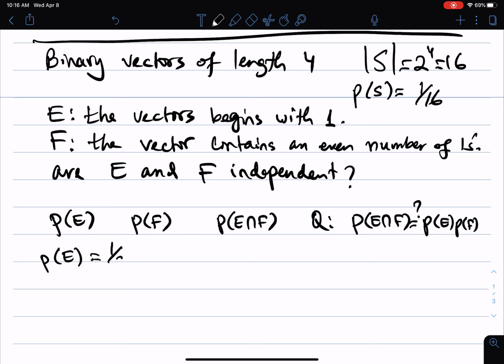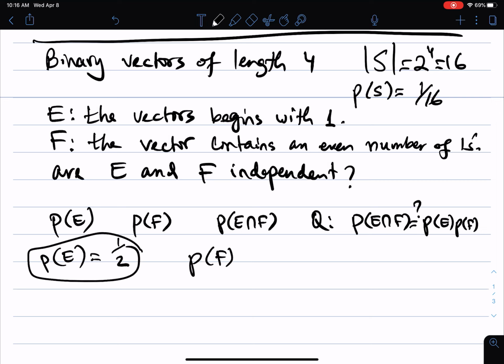An intuitive way to answer this: since 0 and 1 appear with probability 0.5, half of the vectors start with 1, half start with 0. So the probability of E is 1/2.